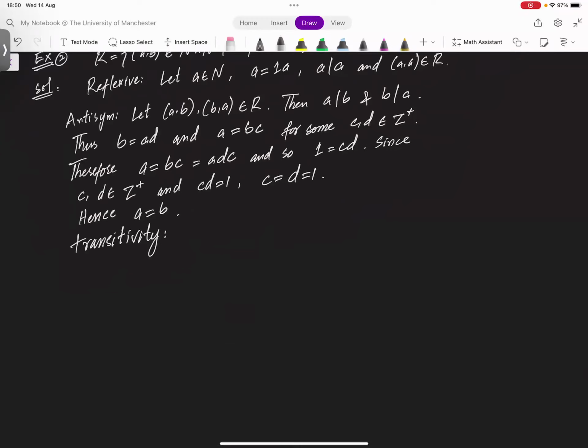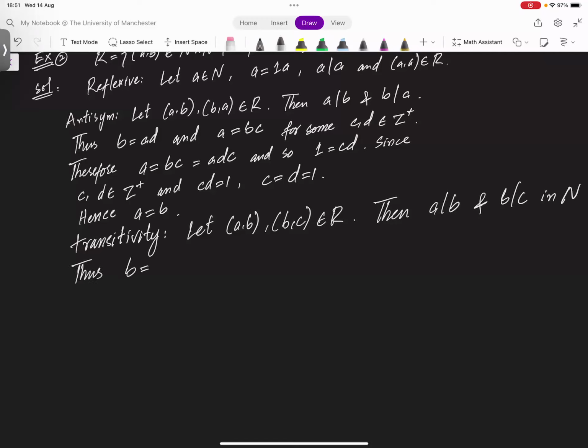Transitivity. For that, we relate (a, b) and (b, c) in R. We will say a divides b and b divides c in N. Thus, b is an, c is bm for n and m inside the positive integers.